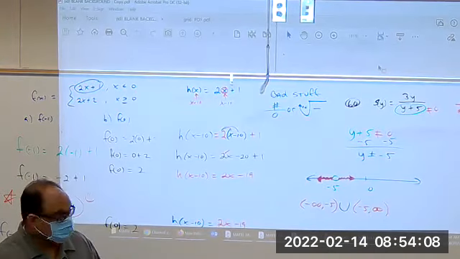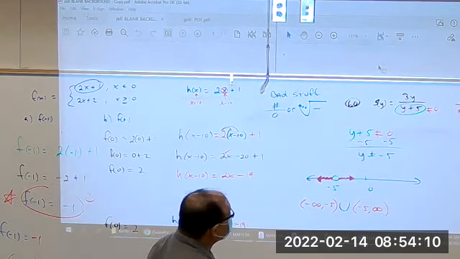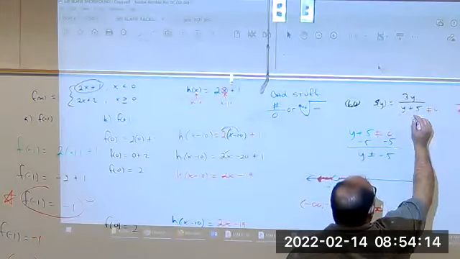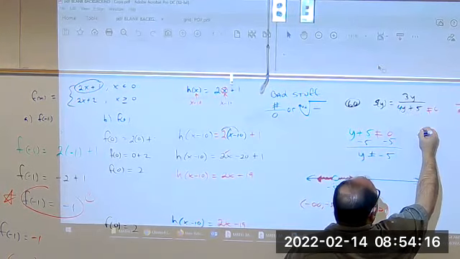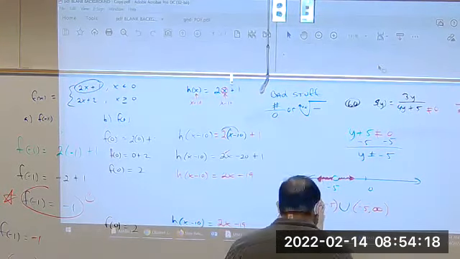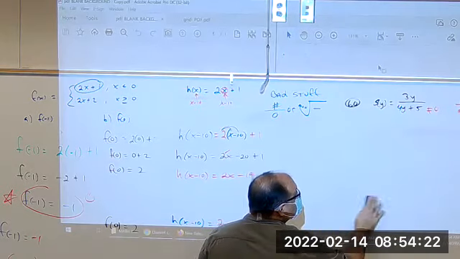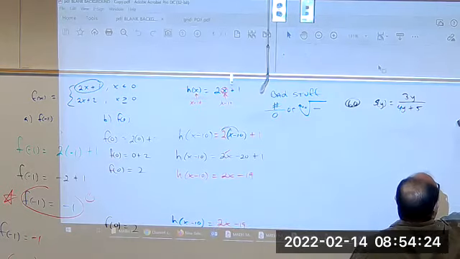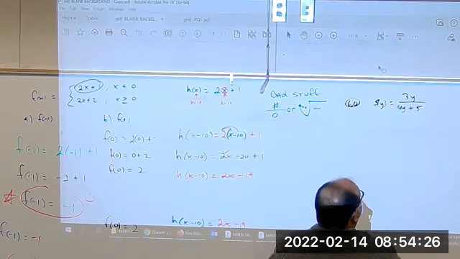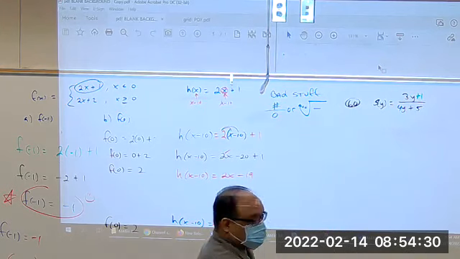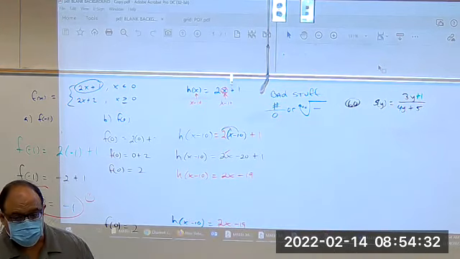Okay, again, a little bit of learning from the other ones. If I made this 4y plus 5 and 3y plus 1, does the process change at all?